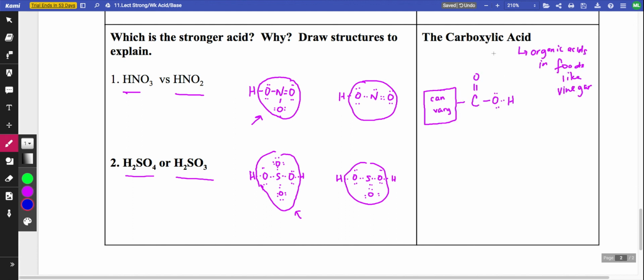I just wanted to show you, this is an organic acid, so you have the C double bond OOH. This is called a carboxylic acid, present in foods like vinegar. And because of the presence of the 2 oxygens, now you know they're pulling electron density this way, the hydrogen can come off and make the solution acidic.